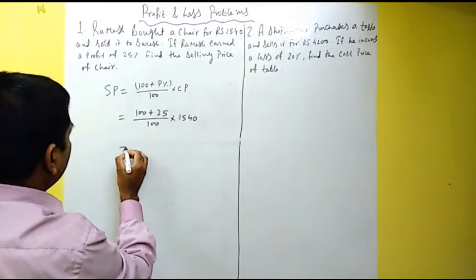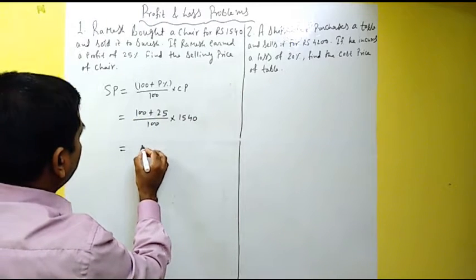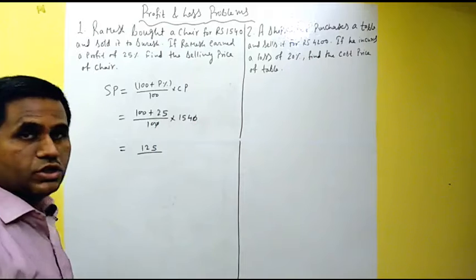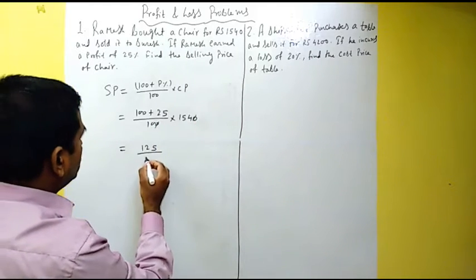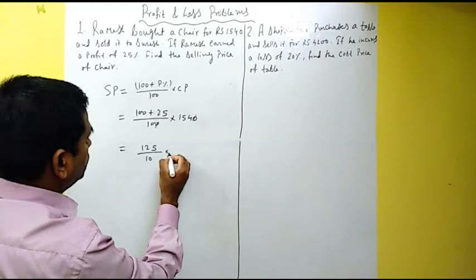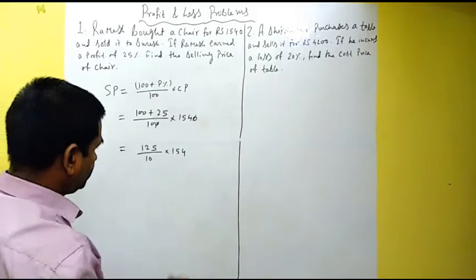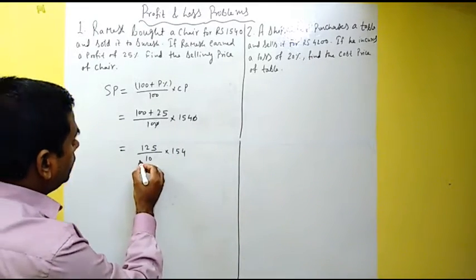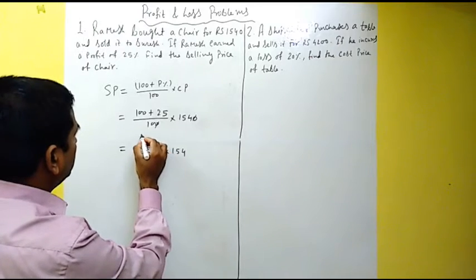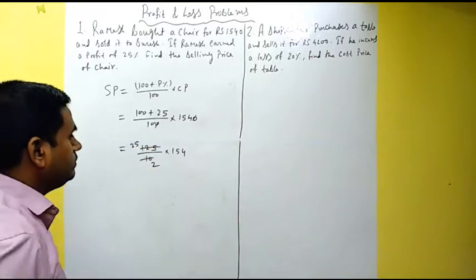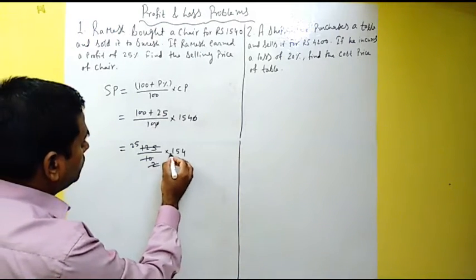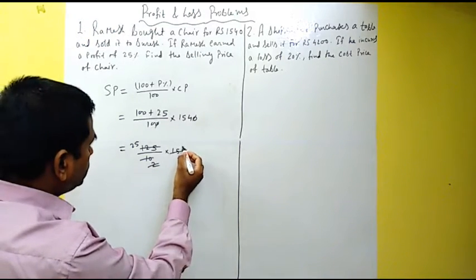Upon solving this, let's cancel this 0. So this becomes 10 into 154. Now I'll further simplify it. 5 2s are 10 and this becomes 25. 25 5s are 125. Now with 2 I can cancel this also.